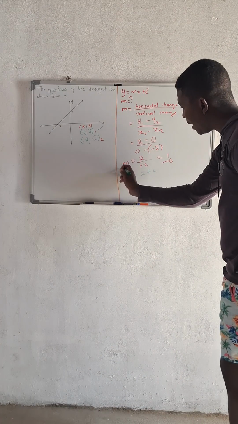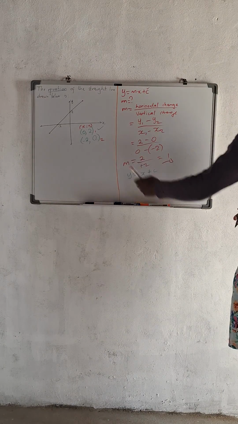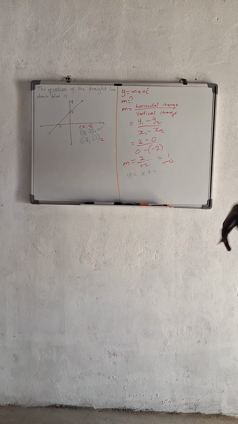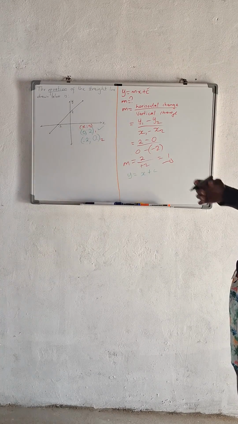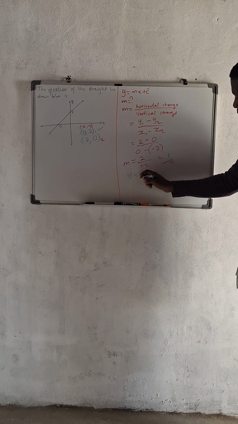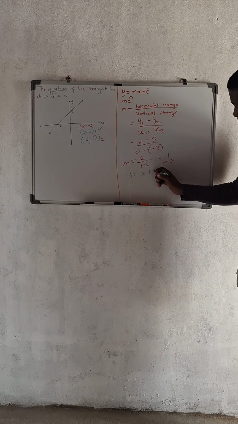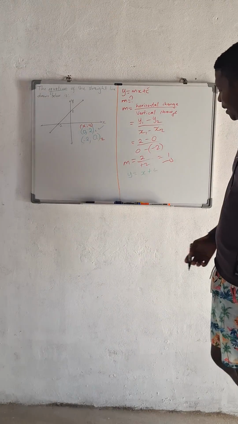Even here it is 1m, but you don't write the 1, because we already know it's only a single m. Once it starts to be 2m, we can specify that it's 2. Please catch that. That's why I'm not writing the 1 here for the gradient, but we already know there is a 1 here. There is a 1 before c, there is a 1 before y. It's invisible, don't write it.